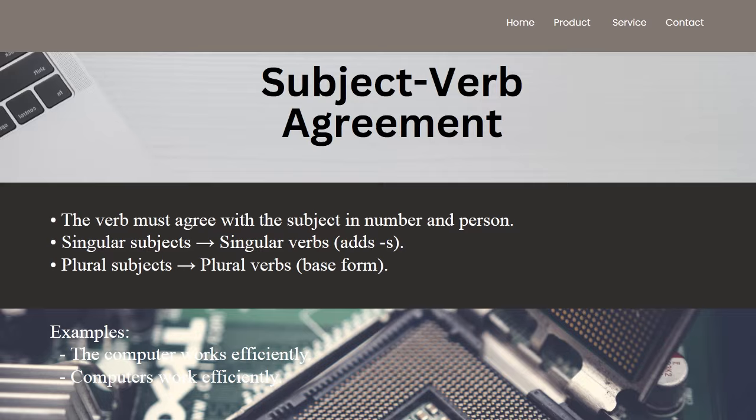For instance, the computer works effectively is correct because computer is a singular subject, referred to by the pronoun it, and so works is the correct verb. However, when plural, we say computers work efficiently. Consistency in agreement shows precision and professionalism, which is essential in technical writing and reporting.